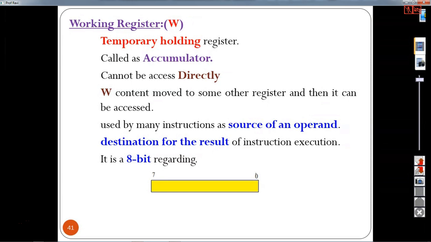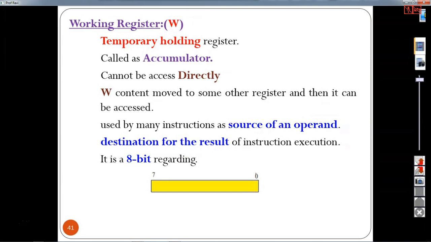So the program counter is 13-bit. The lower bits 0 to 7 are readable, and bits 8 to 12 are not readable. It is 13-bit, by which we can access 8 kilo locations, and each one has 14 bits.